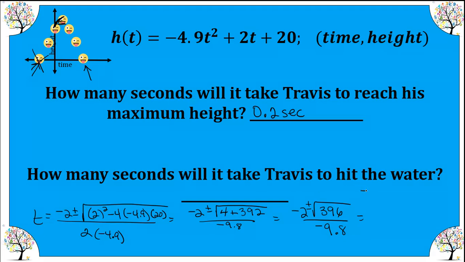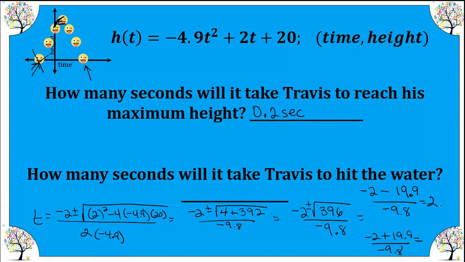So we're going to have negative 2 minus 19.9 over negative 9.8 and negative 2 plus 19.9 over negative 9.8. So go ahead and calculate both. So we have negative 2 minus 19.9 divided by negative 9.8. This gives us about 2.23469 and so on.